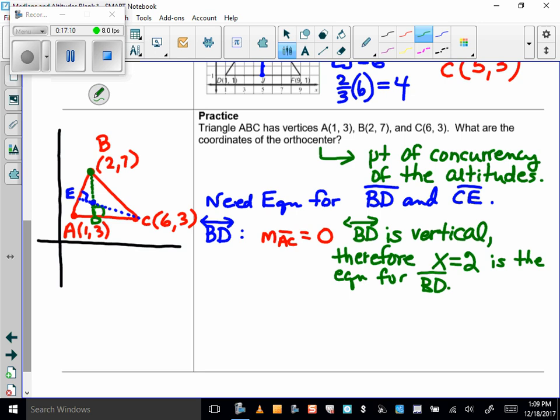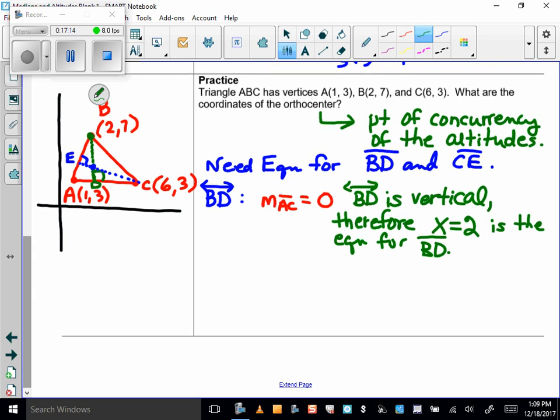So this is good. Okay, now, how about I got to find the equation for CE? First, I need the slope, and in order to find the slope of CE, I'm going to have to find the slope of AB, right?